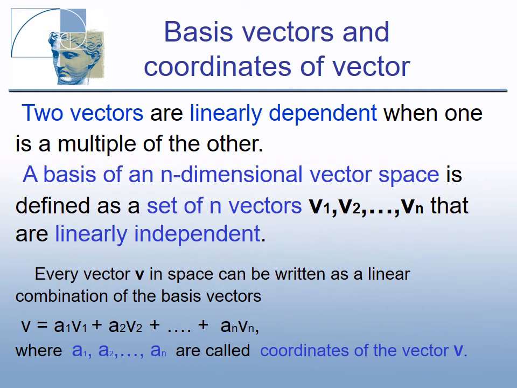Now let us define coordinates of a vector. Two vectors are linearly dependent when one is a multiple of the other. A basis of an n-dimensional vector space is defined as a set of n vectors v sub 1, v sub 2, etc., v sub n that are linearly independent. Each vector v in the space can be written as a linear combination of the basis vectors with coefficients a sub 1 to a sub n.